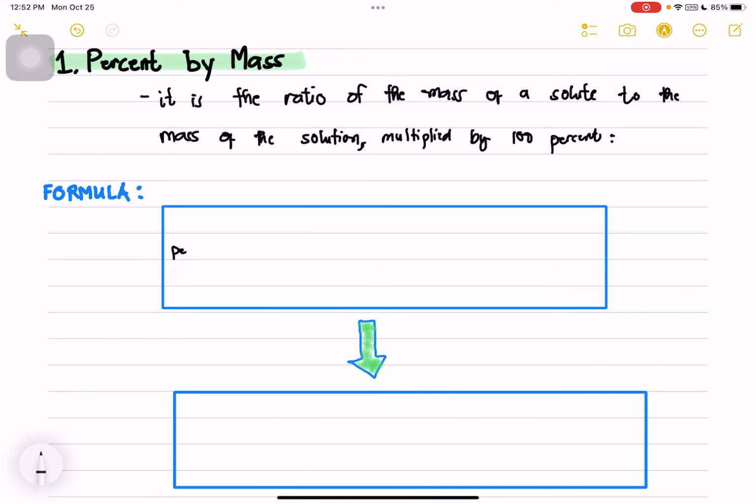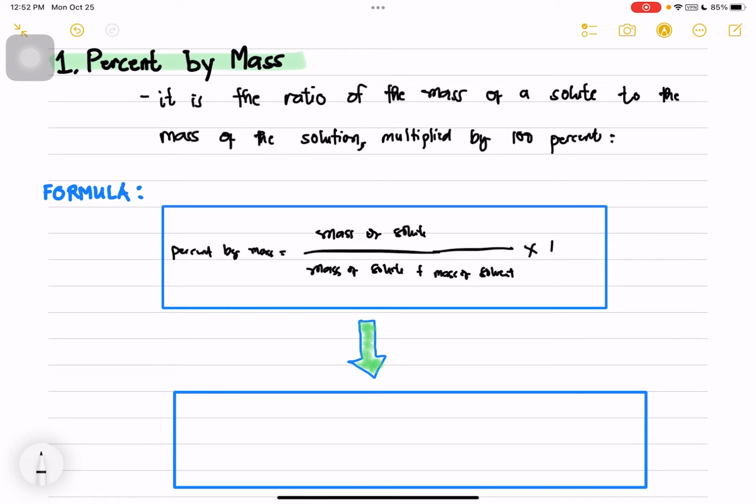Percent by mass is equal to the mass of the solute divided by the mass of solute plus the mass of solvent times 100%.